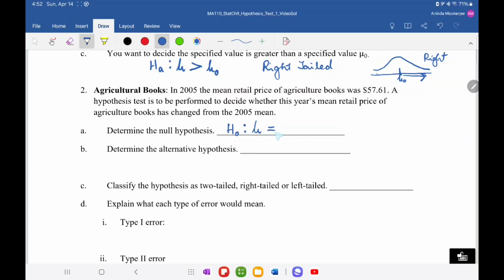Null hypothesis always has an equal sign. So it's equal to whatever the mean retail price of agricultural books is. In this case, $57.61. All right. So here we replaced the mu sub 0 with a numerical value, because we are working with an actual word problem.